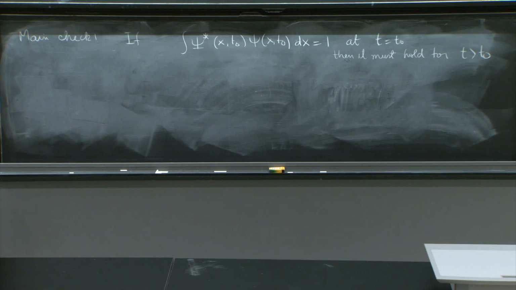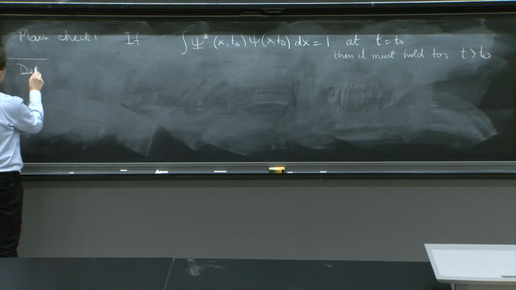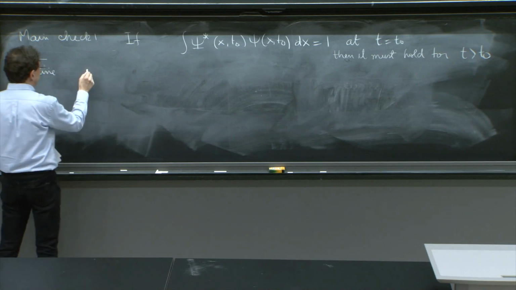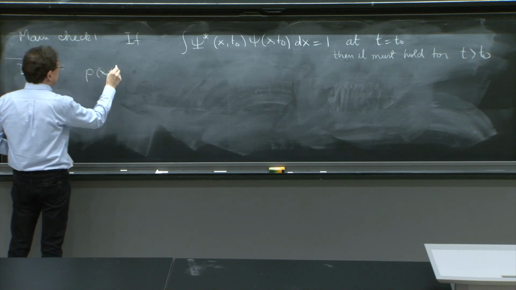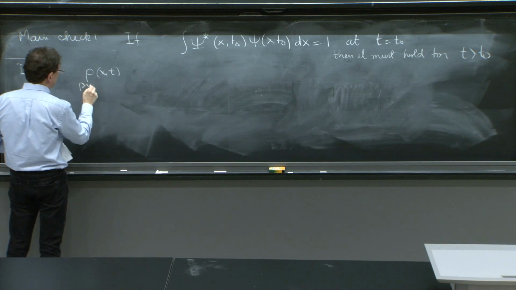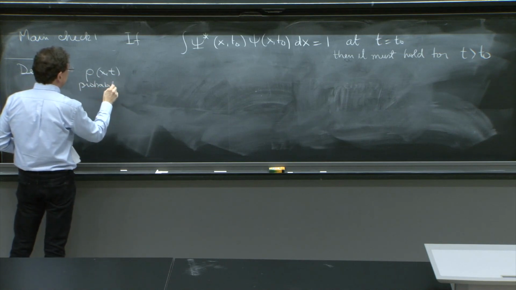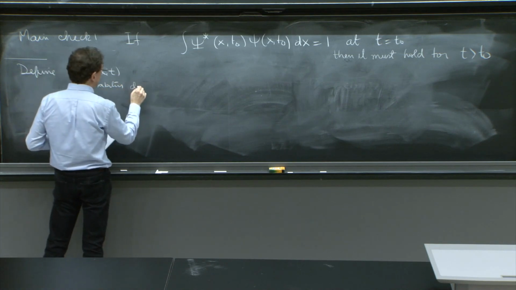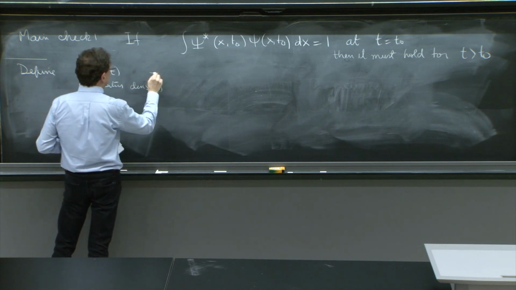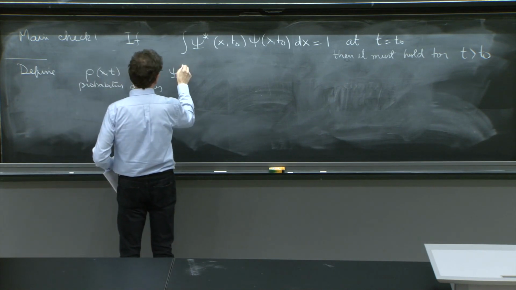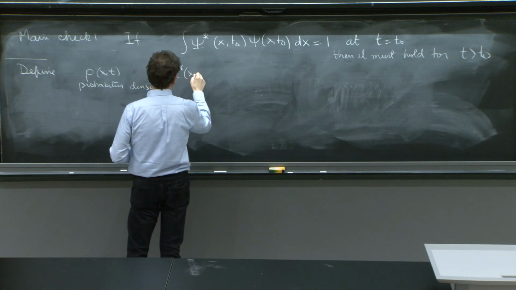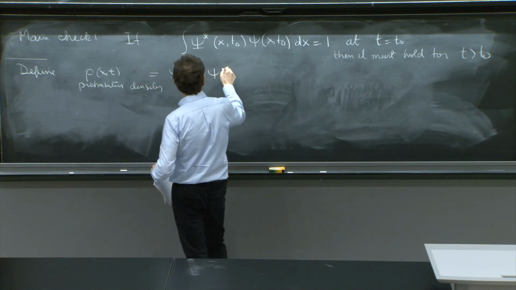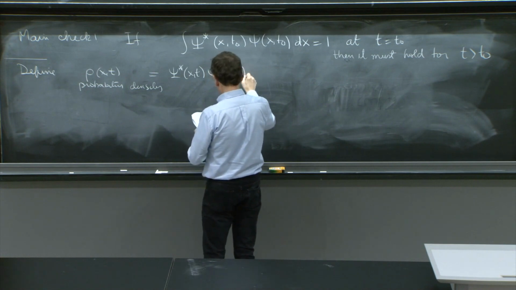So we're going to first rewrite it with better notation. So we'll define rho of x and t, which is going to be called a probability density. And it's nothing else than what you would expect, psi star of x and t times psi of x and t.